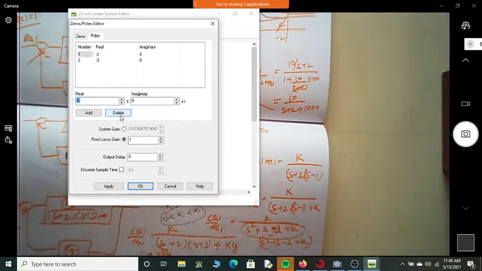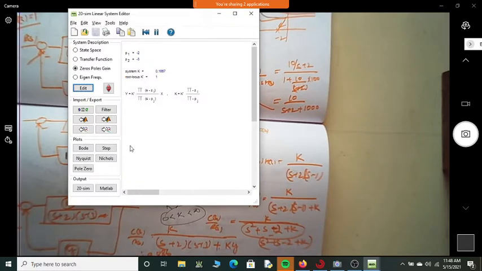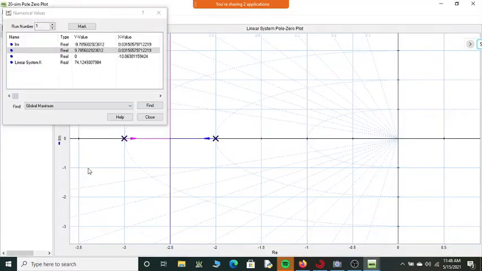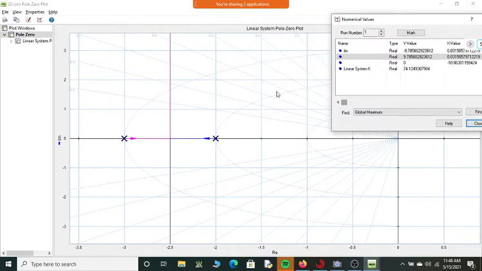Let me delete this, since I don't have a zero here. Let me delete this also. Let me see the poles and zeros. Can you see here, one pole at -2, other pole at -3? This is how the poles will move as you change the value of k.